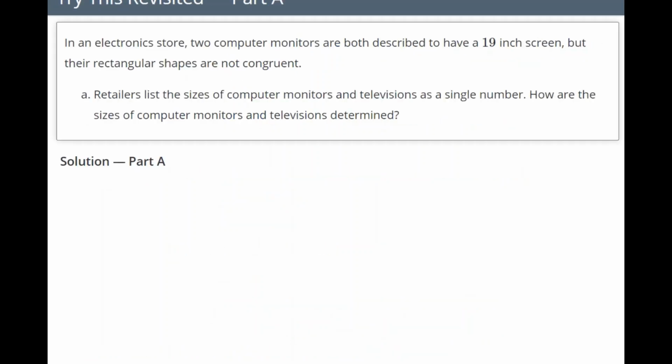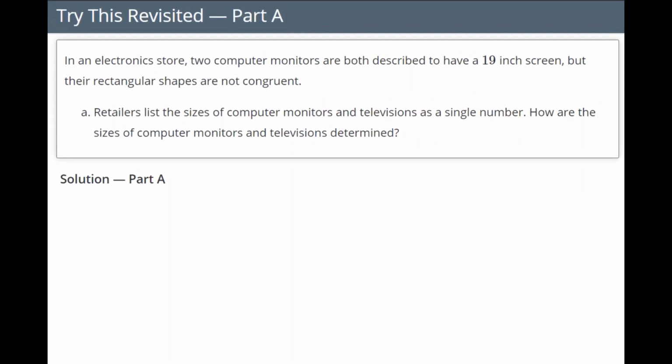Now we can go back and look at the computer monitors and the television screens that we talked about before. Consider the following. In an electronics store, two computer monitors are both described to have a 19-inch screen, but their rectangular shapes are not congruent. Retailers list the sizes of computer monitors and televisions as a single number.